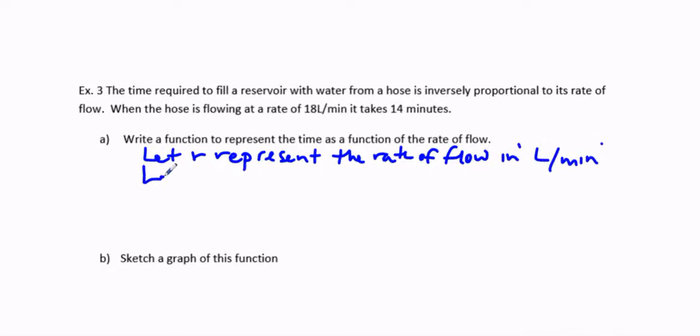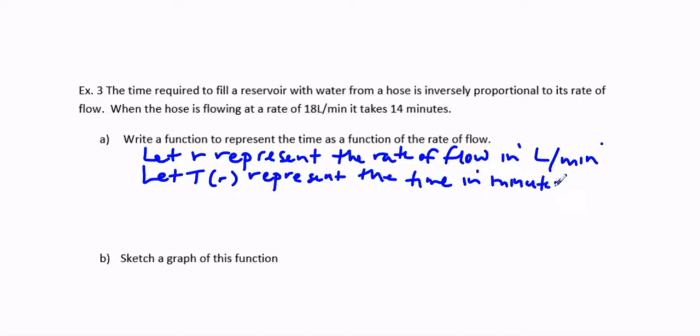And because it's a function, we'll use function notation rather than just another letter. So how about capital T of R represent the time, because the time is a function of the rate of flow. And we'll say in minutes.